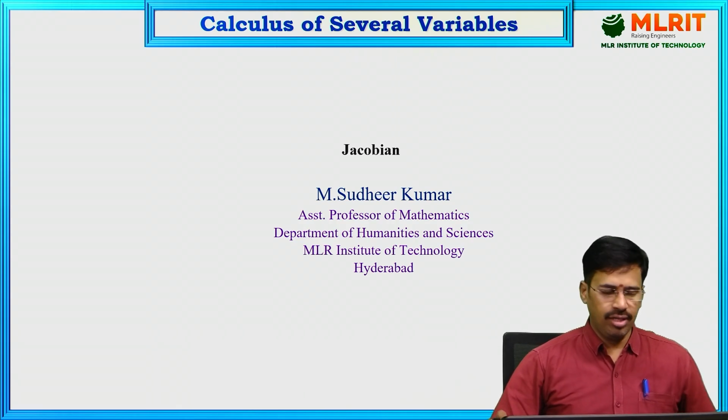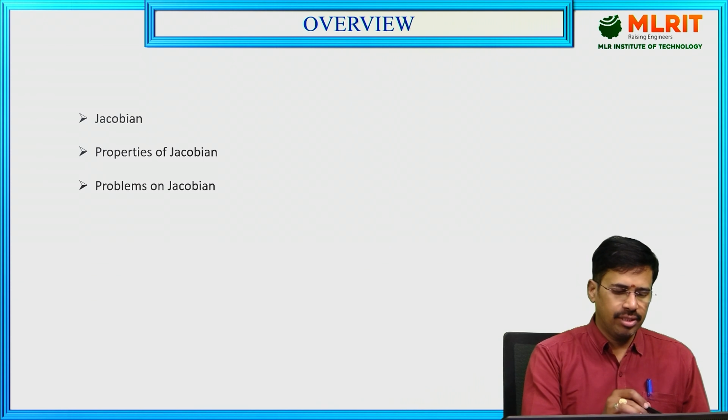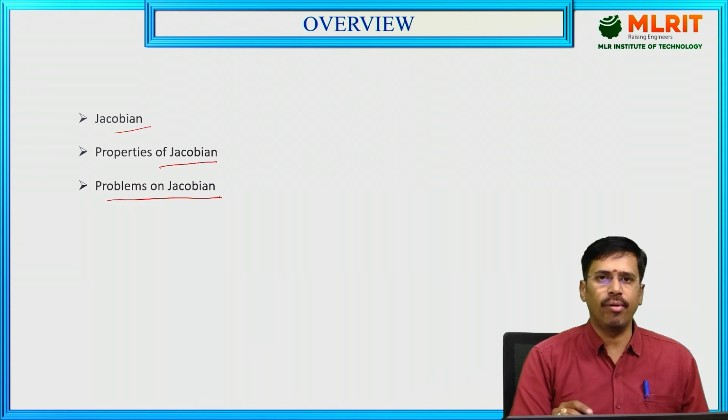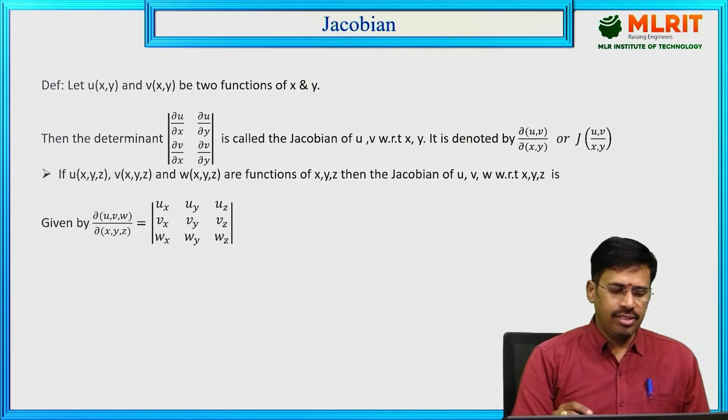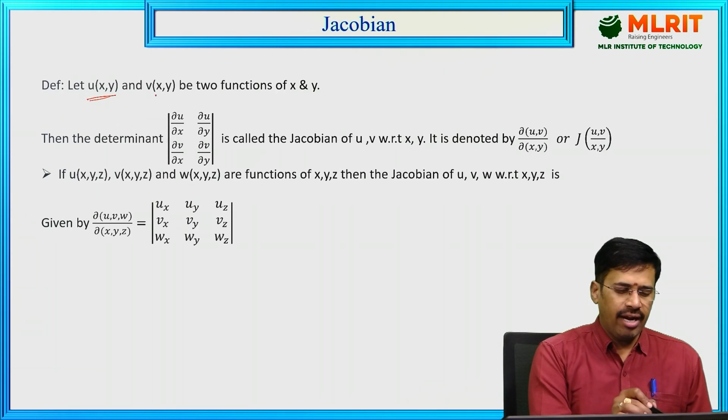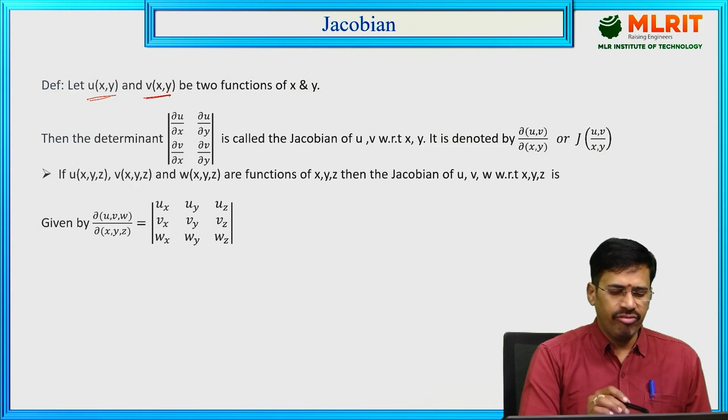In this lecture, I am going to cover the topics Jacobian, properties of Jacobian, and problems on Jacobian. Let us see the definition of Jacobian. Here, u and v are two functions of the variables x and y.